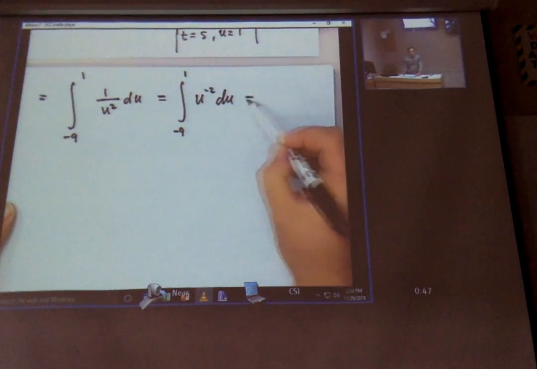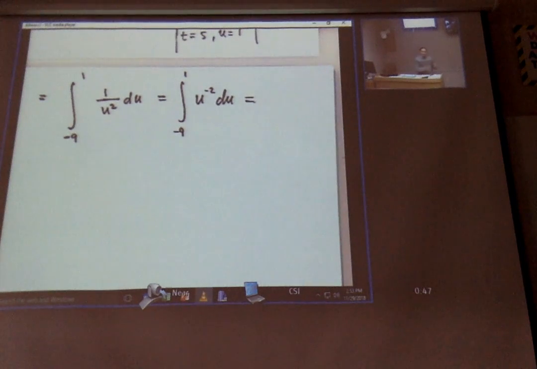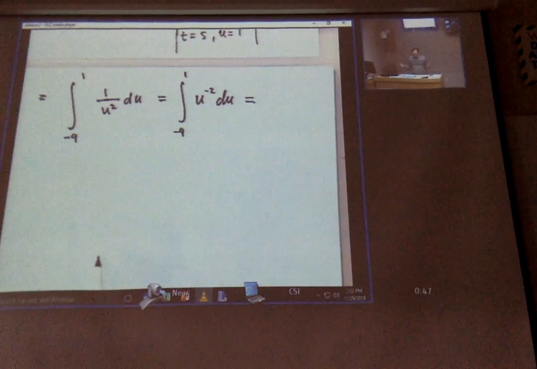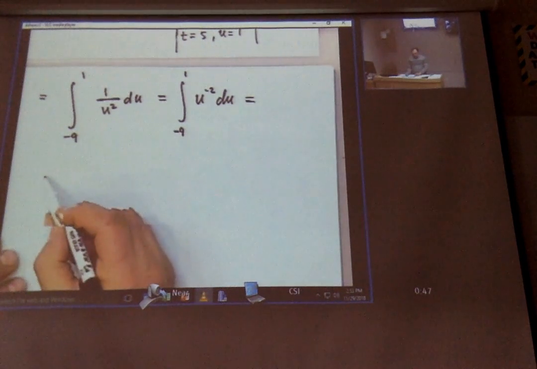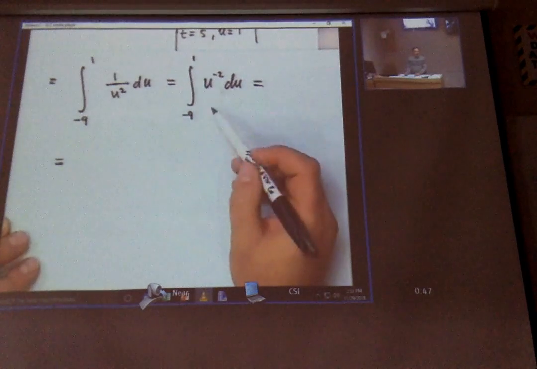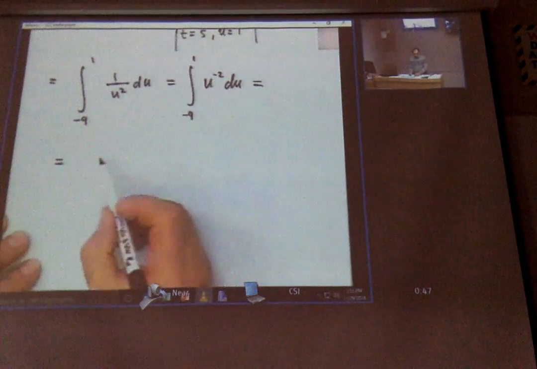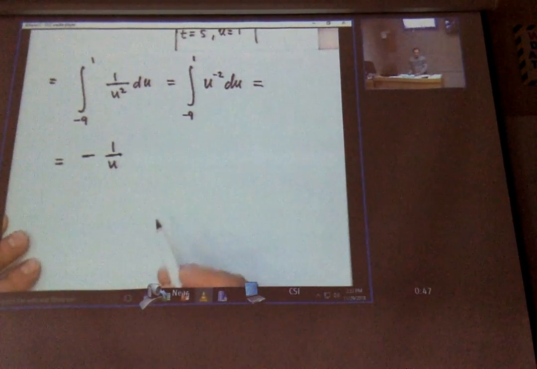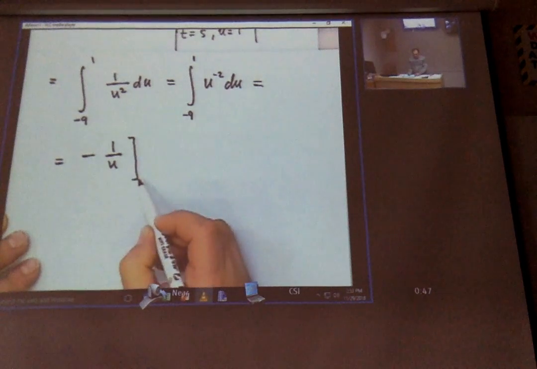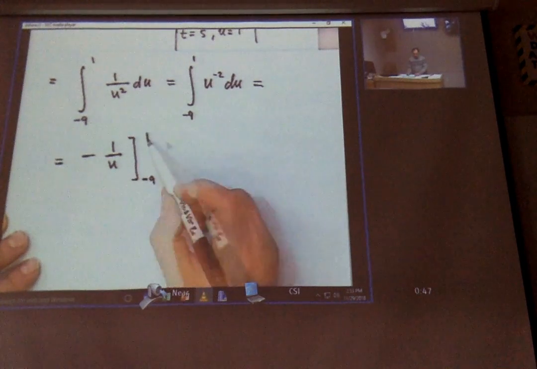So again, if you look, everything goes smoothly. There's nothing red, nothing that can stop us. We're just doing this. And this will be, what's the antiderivative of u to the negative 2? Negative 1 over u, right? And then you go from negative 9 to 1.